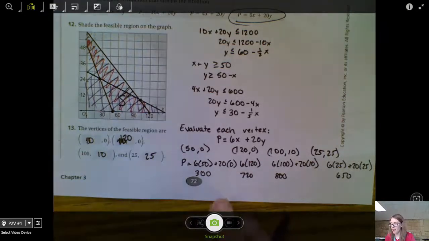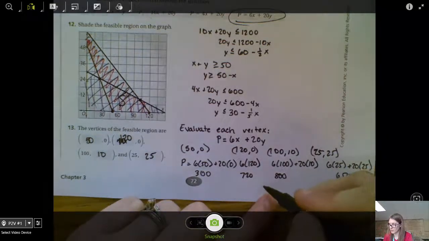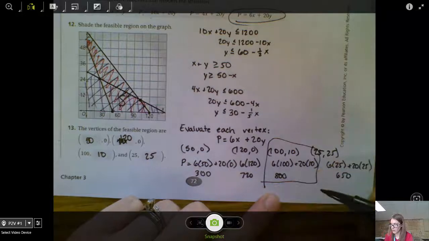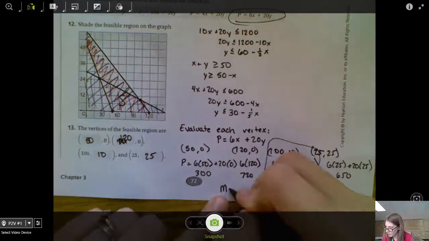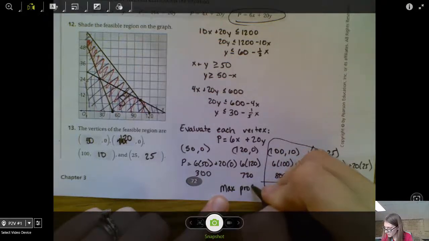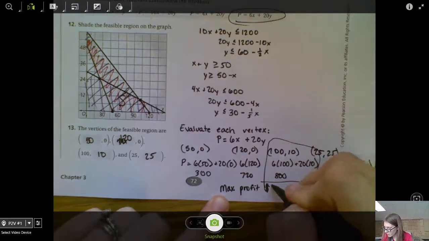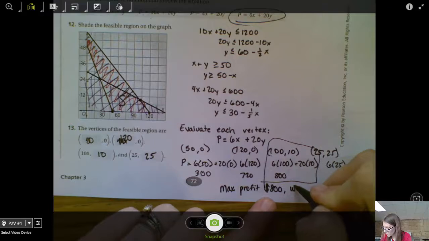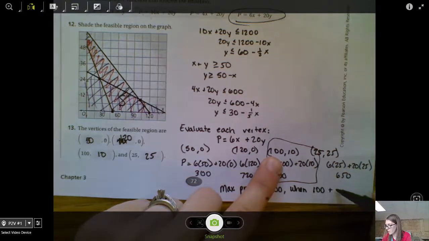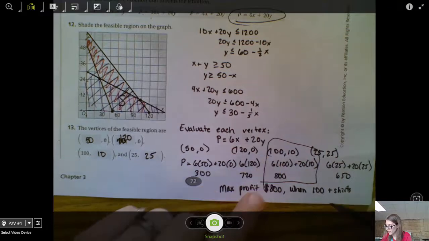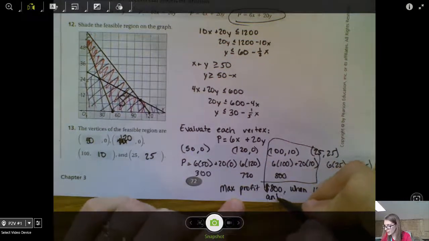So our maximum profit happens right here. Our maximum profit is $800 when 100 t-shirts and 10 sweatshirts are made.